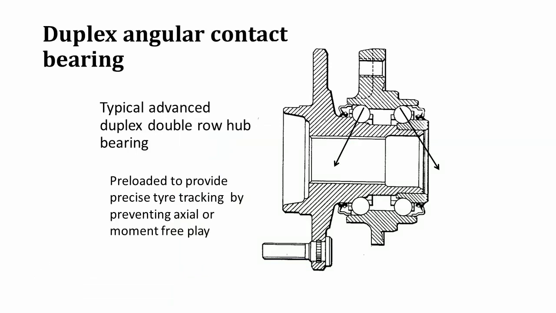This is a typical advanced duplex double row hub bearing for a motor vehicle, and you can see how I've illustrated the load paths from the contact angles of the balls, and it's like a man stood with his legs apart. It makes a very rigid assembly. There's no free play in this bearing, so it provides very precise tyre tracking, and this is preloaded at the factory.